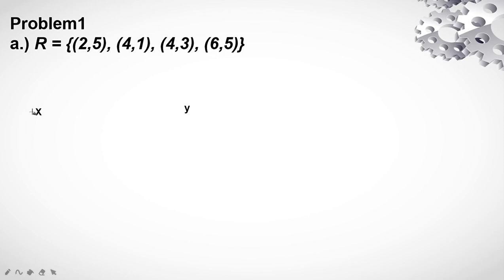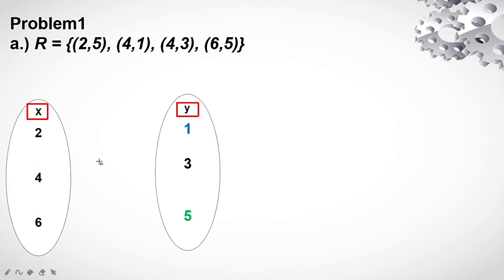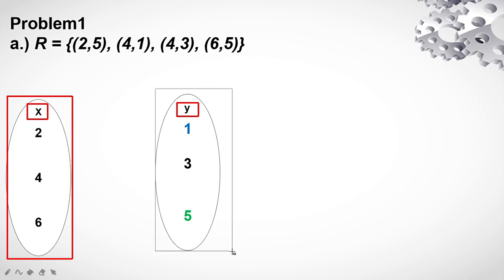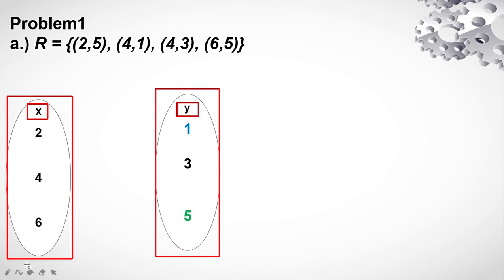So, this is our X and this is our Y. We can actually call this the domain. And this Y we can call the codomain. This is B, the B we showed earlier. And this is A. From A to B.